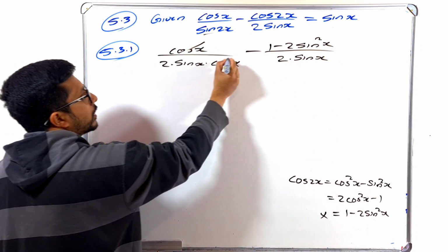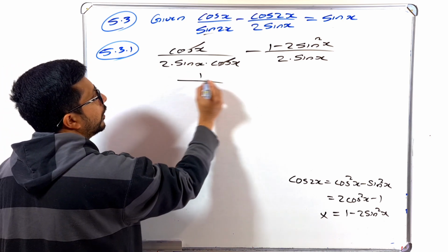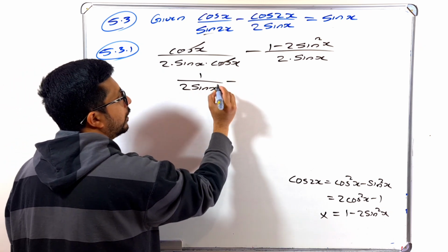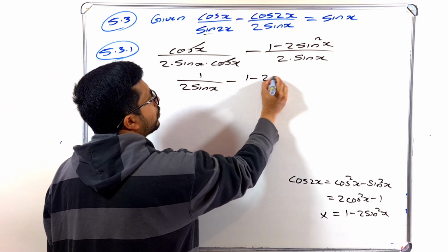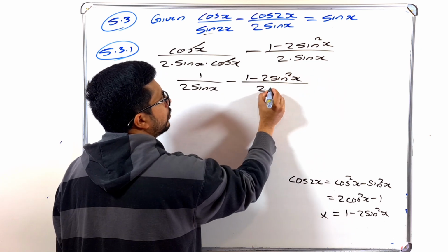So here cos x you can cancel. So what is remaining? 1 divided by 2 sin x minus 1 minus 2 sin square x divided by 2 sin x.